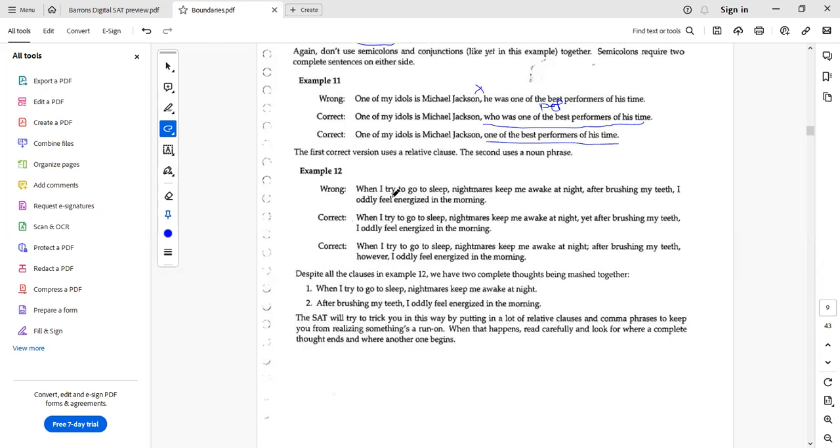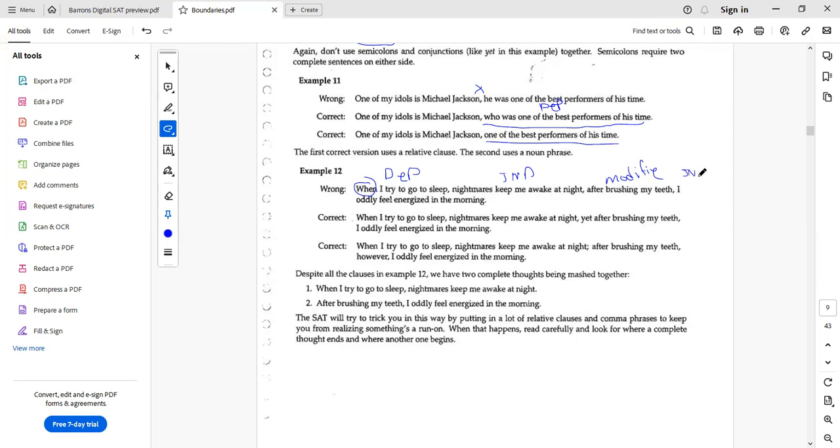Here, when I try to go to sleep, wait, when here, so this is dependent. Nightmares keep me awake at night, this is independent. After brushing my teeth, this is a modifier. I oddly feel energized in the morning, this is independent.